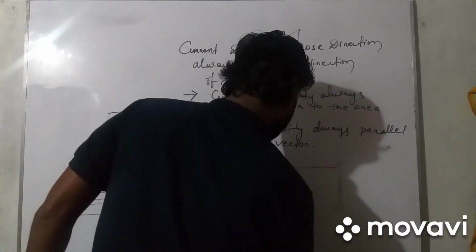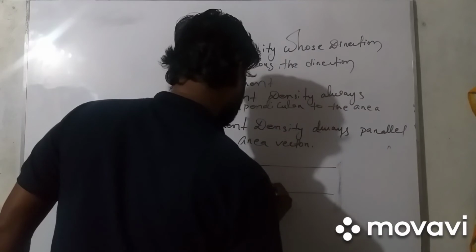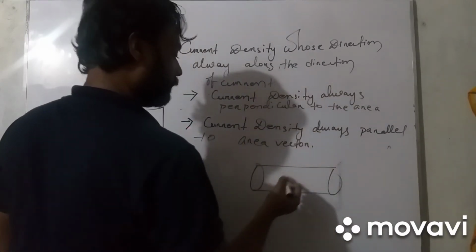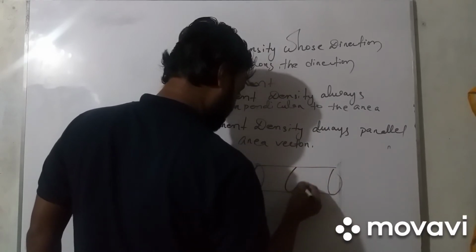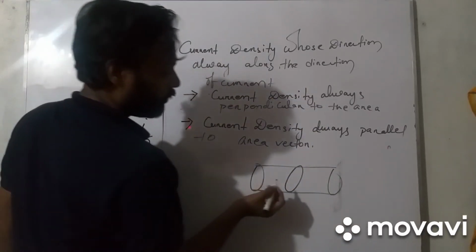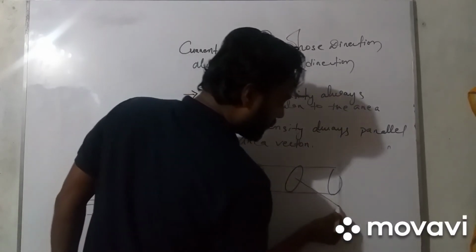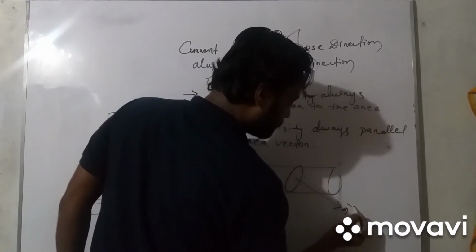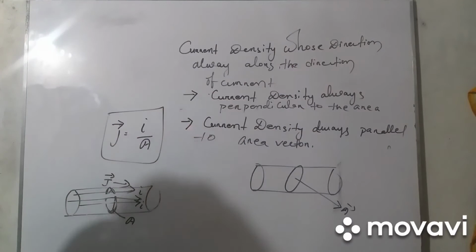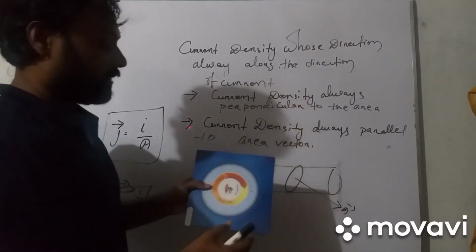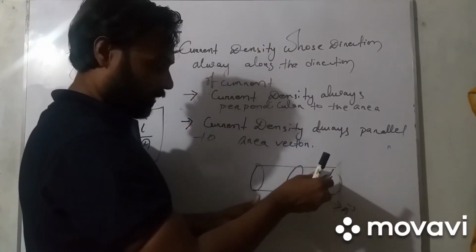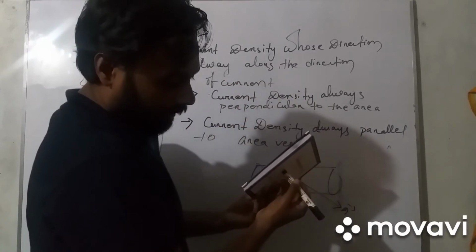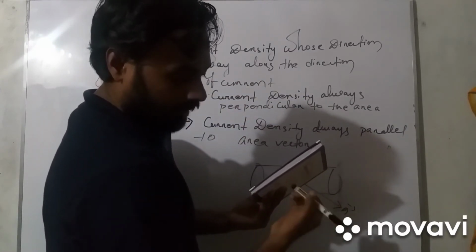Suppose this is the conductor. Here the area cross section, if you assume it is in an inclined direction, so the area vector is given in that direction, like this. Suppose this is the area, in that way. So the direction of area is represented in the downward direction.